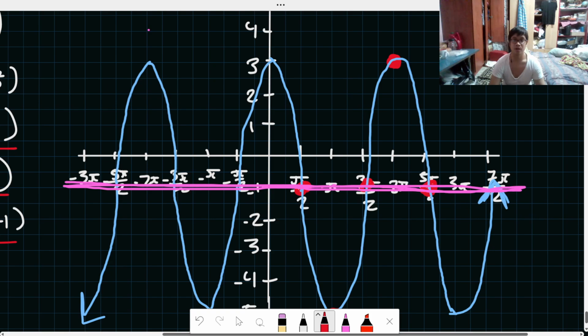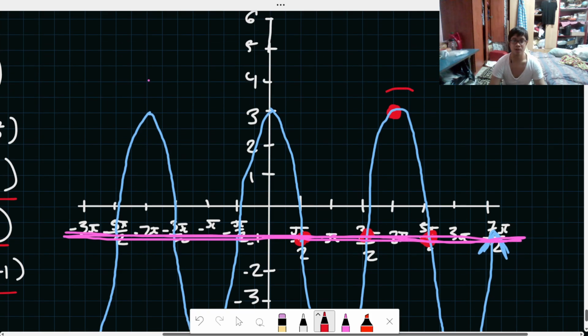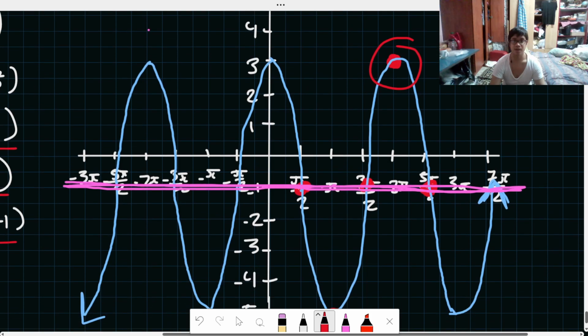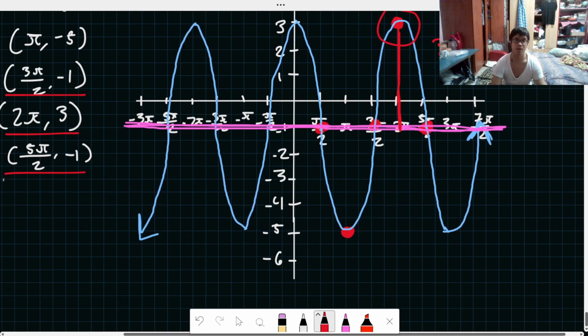Here, this is 3. Below, you have -1 as your y. So 3 minus -1 is exactly 4. So it is in fact 4 units.